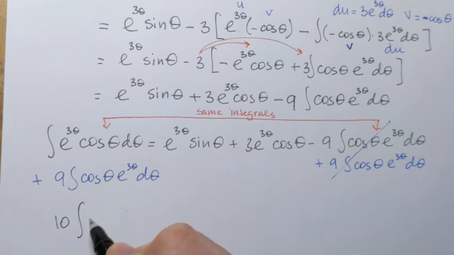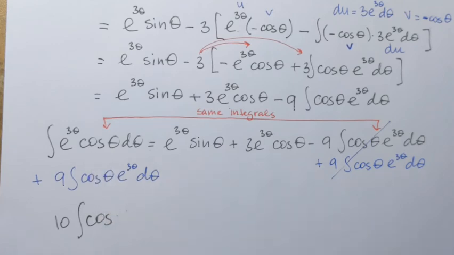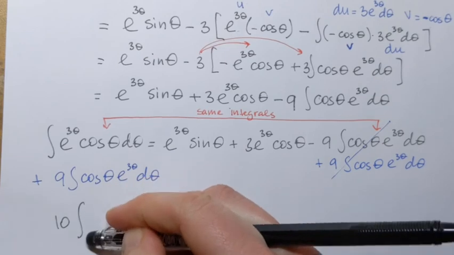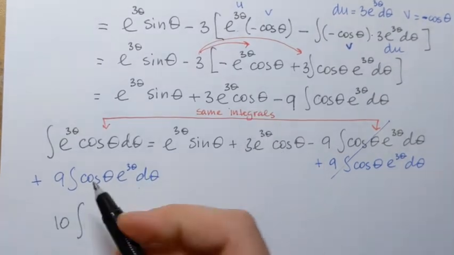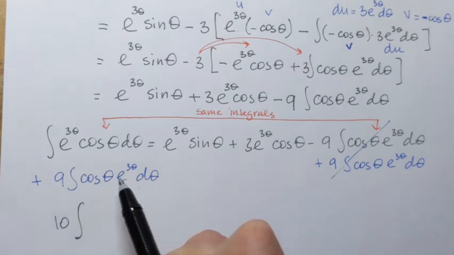So 10 integral cosine, and I have to choose which order I keep. I'm going to keep the original order, so that we end up with the exact integral we started.